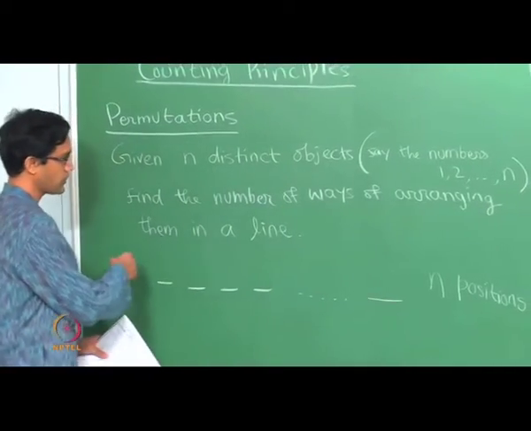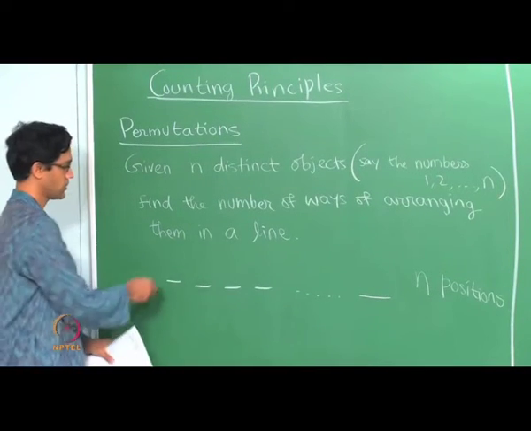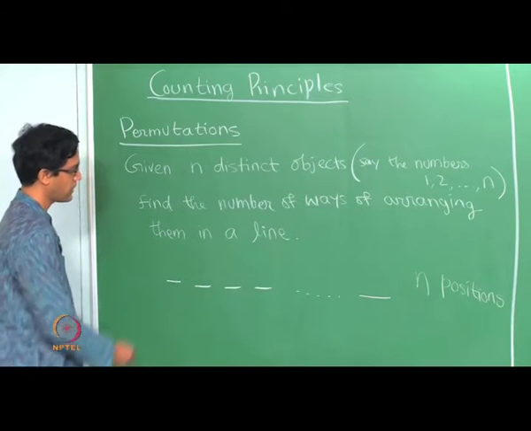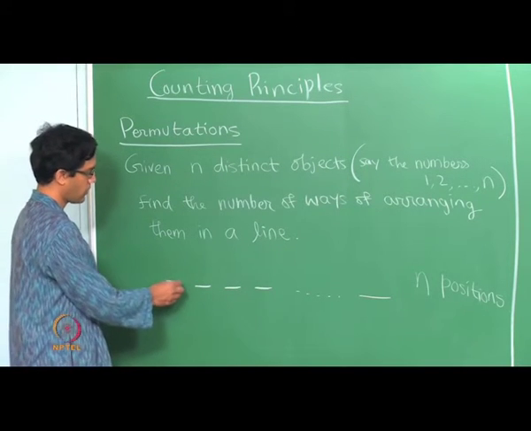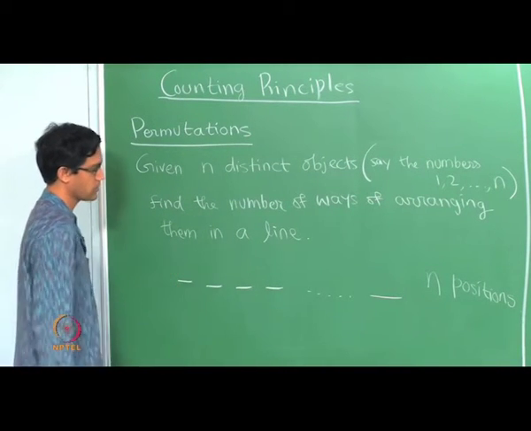Okay, so we think of this as being the following problem. You are given n positions, so denoted this way along in a straight line, and in each position or box what you want to do is to place one of these n objects, right.